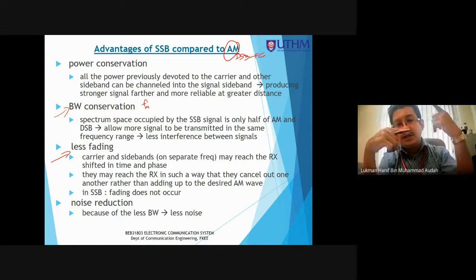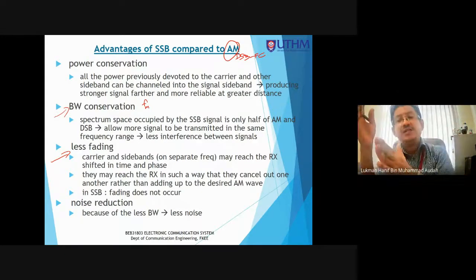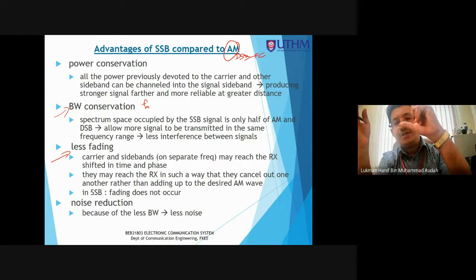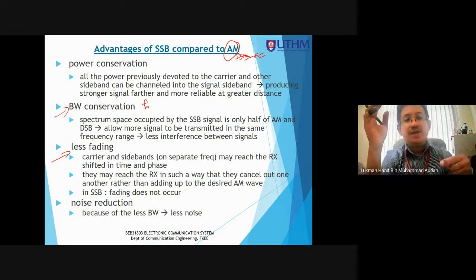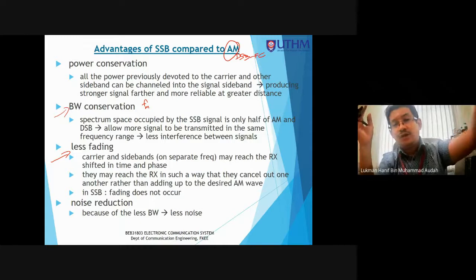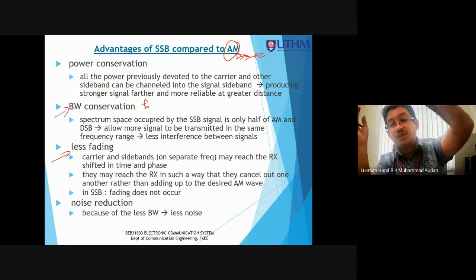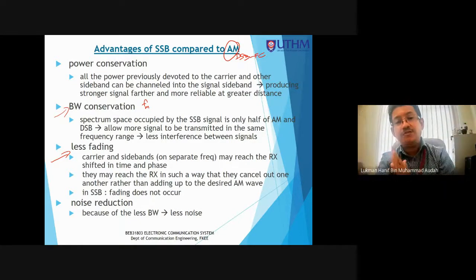So that collisions with the obstacles will reduce the amount of power for the transmitted signal. So fading ini adalah proses yang berulang-ulang, continuous attenuation process from the transmitter to the receiver.